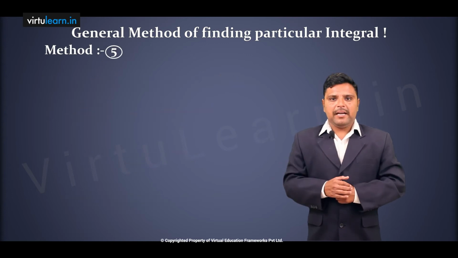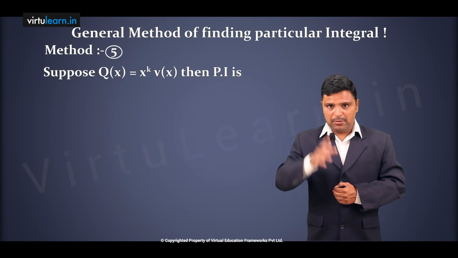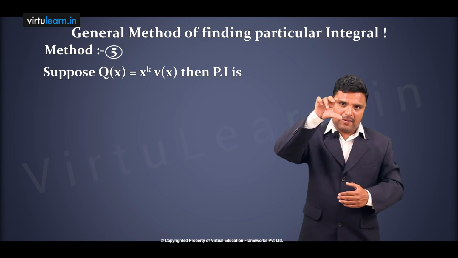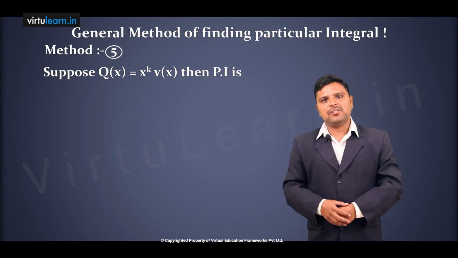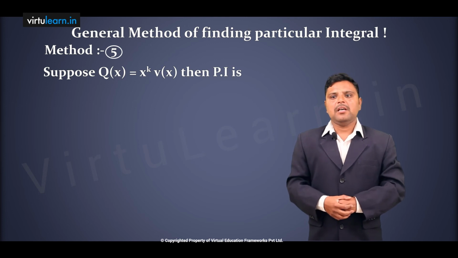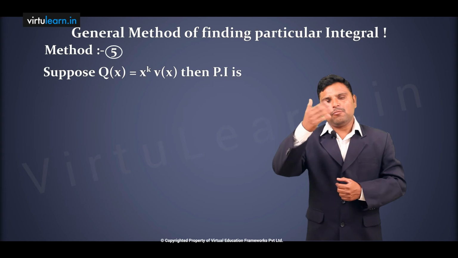Method 5 integral. Suppose q of x equal to x power k into v of x. Method 4 is e power ax fixed into v of x. Here x power k is fixed into v of x. In this formula, if k equal to 1 exactly, what is the formula?